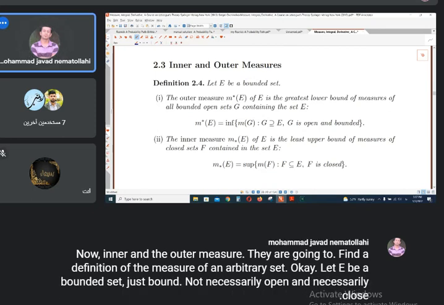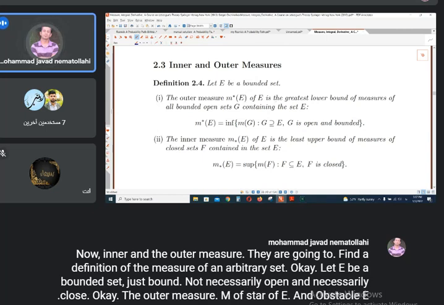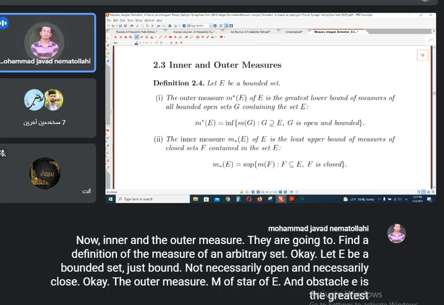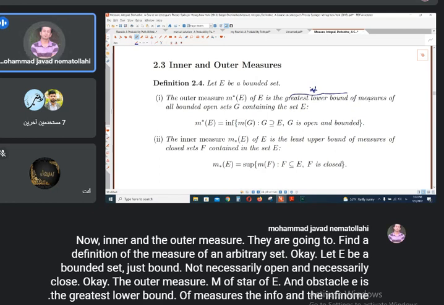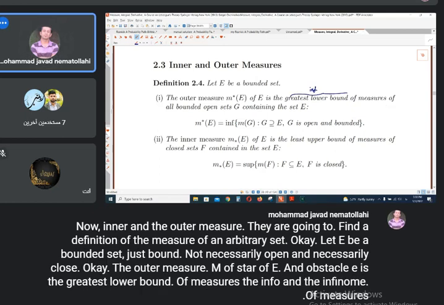The outer measure M star of E is the greatest lower bound, or the infimum, of measures of all bounded open sets G containing the set E.